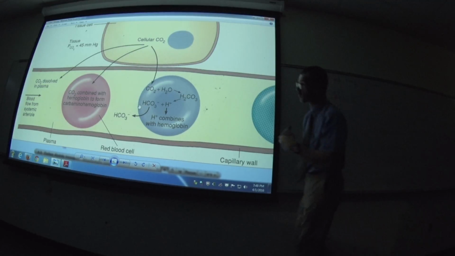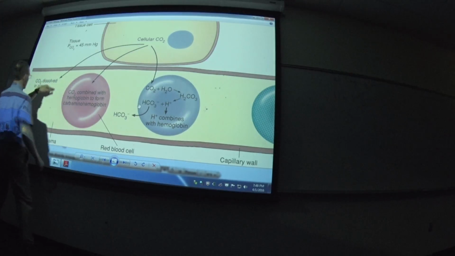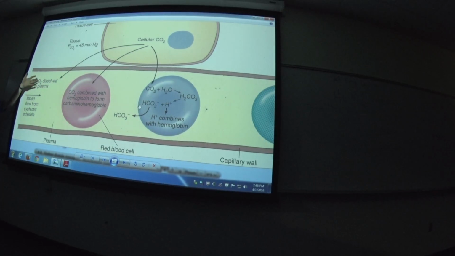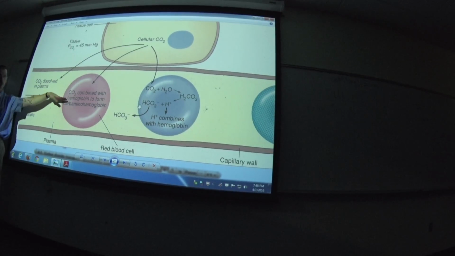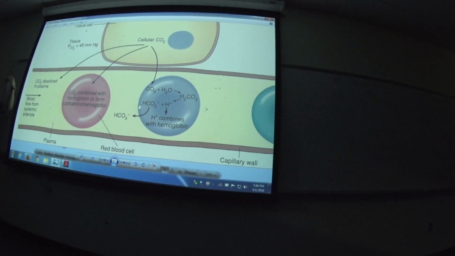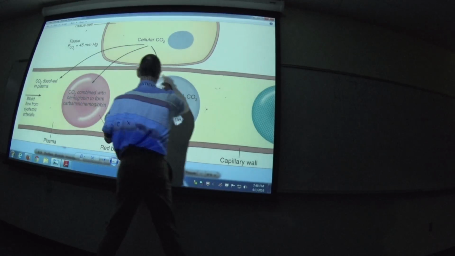All right? So over here, minor player, the CO2 just gets bubbled into your blood. That's like soda pop in my body. It goes to my lungs and it reverses. It goes out of my blood. Here's that carbaminohemoglobin thing. It comes out of my tissues, binds to the hemoglobin in a separate binding site, gets carried to the lungs, and you unbind it and it sends off. The one that you have to spend your life memorizing is this one.